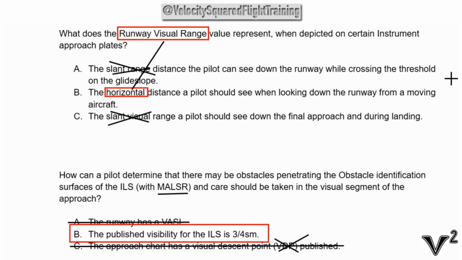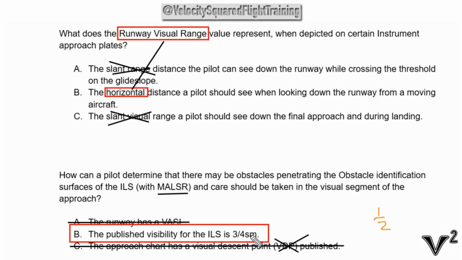All right, so if we're going to actually learn what this question's trying to tell us, it's that if you see an ILS, normally, like an ILS with a MALSR, that's why I underlined that earlier, visibility should probably be half a statute mile, okay, normally. This approach has 3/4, right?